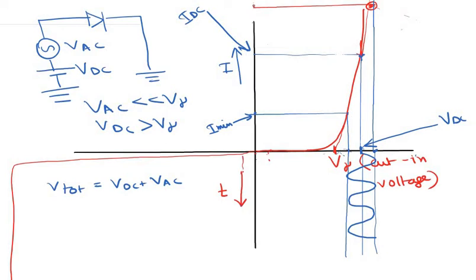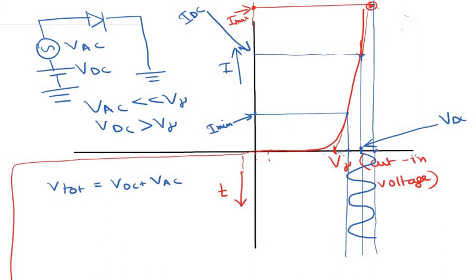This is the maximum current of the diode, I max. So the total current varies between I min, which corresponds to the current at the minimum voltage, and I max, which corresponds to the current at the maximum voltage.